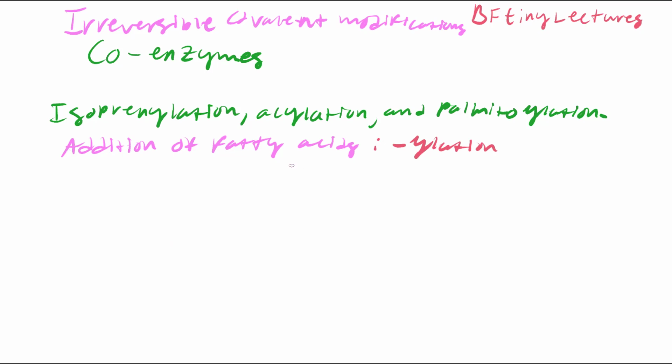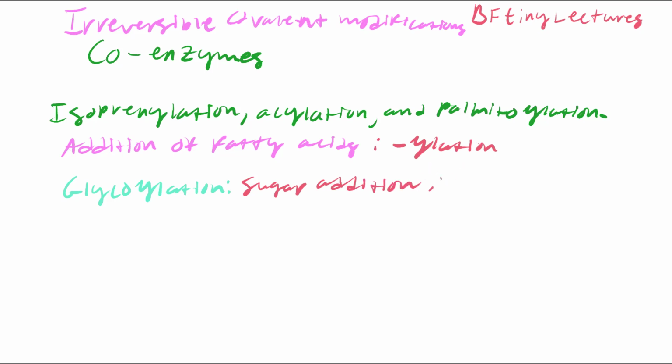Now, there's an exception to everything, right, and that is glycosylation. Do you know what that means? Well, ylation means we're going to be adding something that's going to be irreversible, but this is just what? Sugar addition. To what?